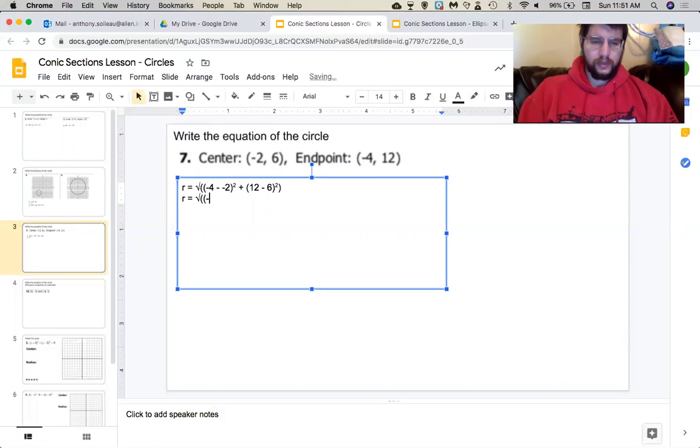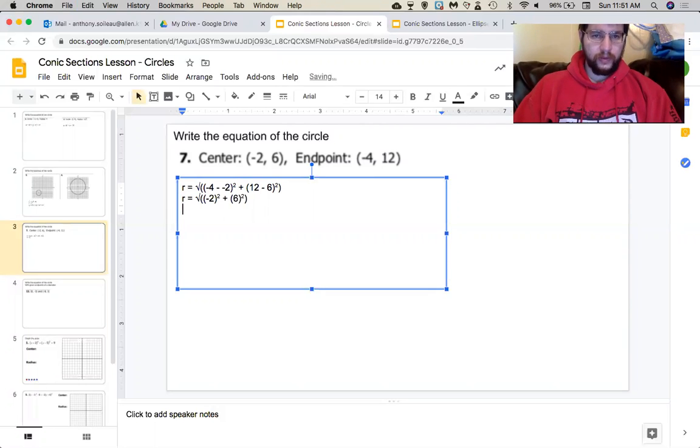That's -2 squared plus 6 squared. That's 4 plus 36. So R equals the square root of 40.